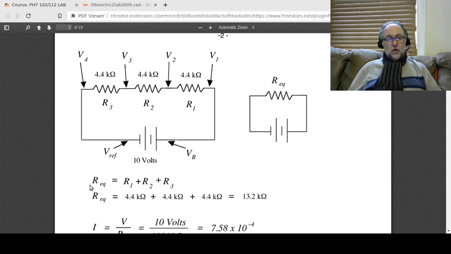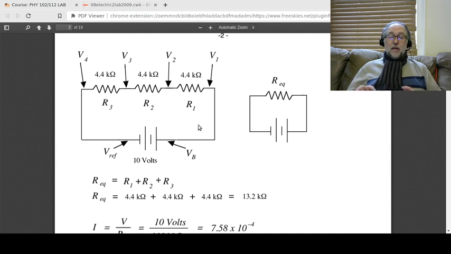So our equivalent is simply the sum of all three of these. But what we want to do in this lab is actually measure the voltage across each one of them. There's a voltage applied by a battery, and this is the symbol for a battery here, and these squiggly lines are the voltage for a resistor.